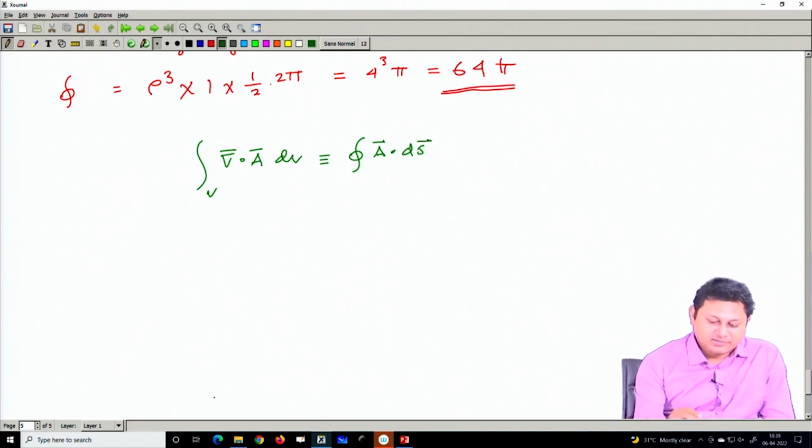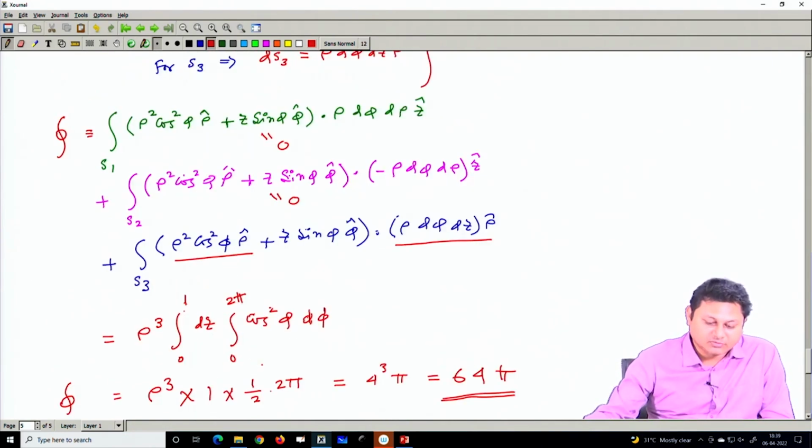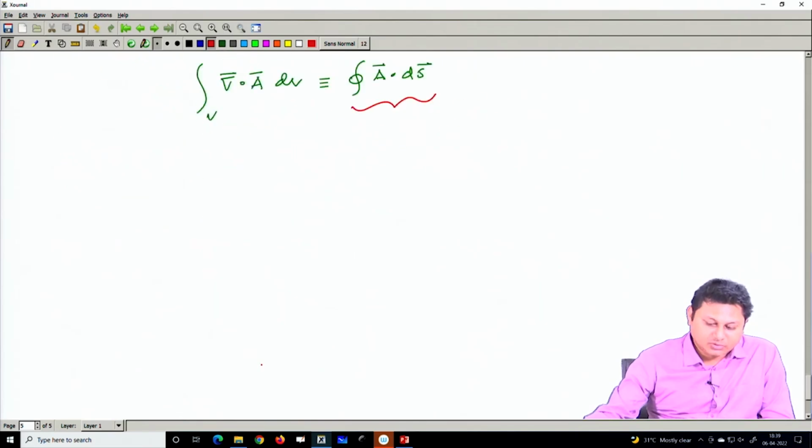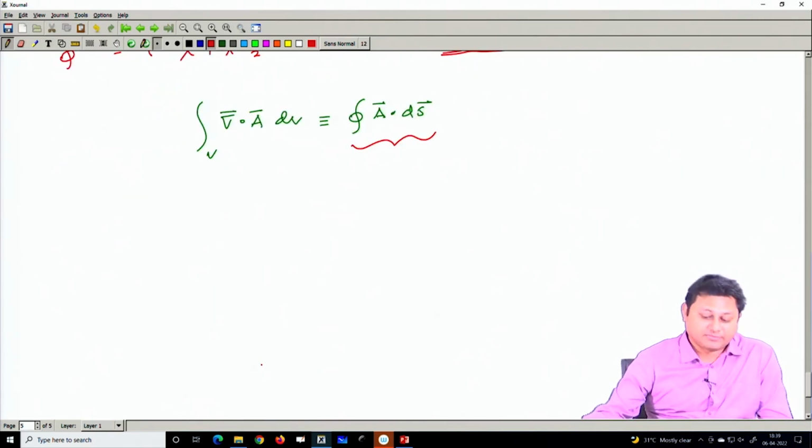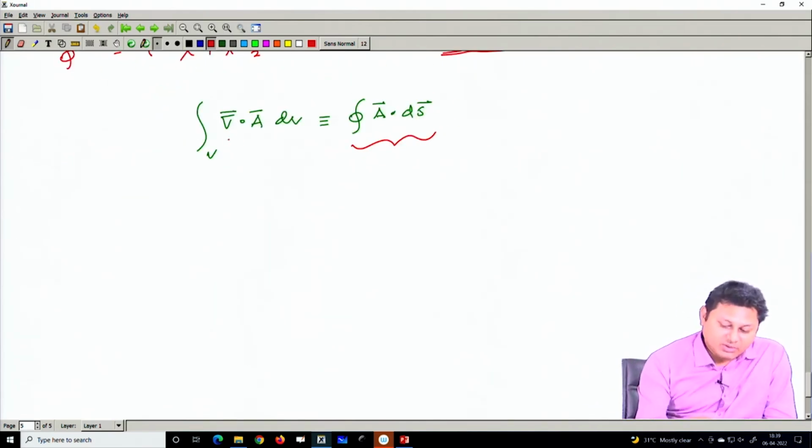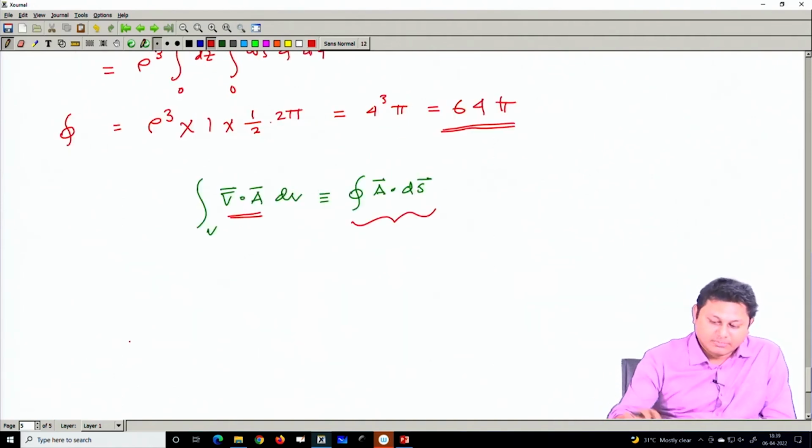Okay. So, please check that we have already figured out this part, right. This is 64 pi, the closed surface integral, the flux. So, now if I calculate this quantity over the given volume and if it comes to 64 pi, then we are done.